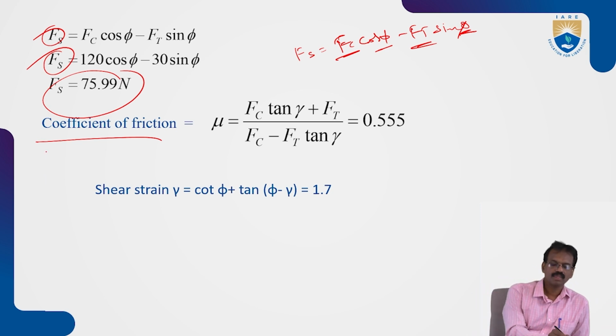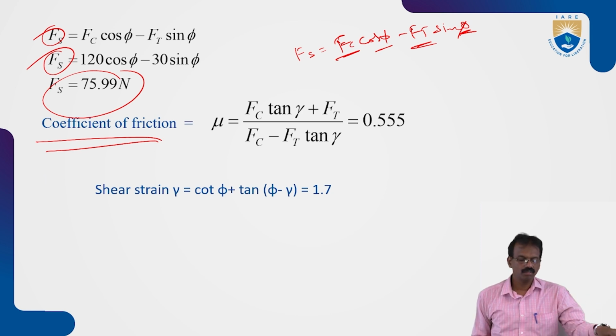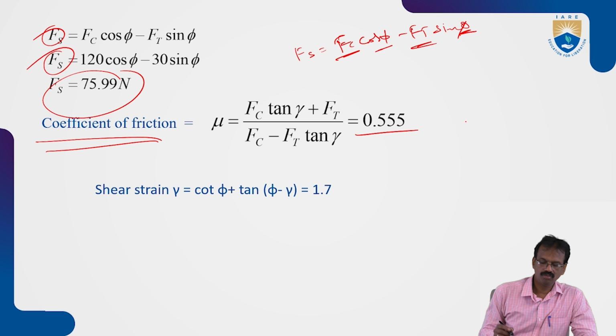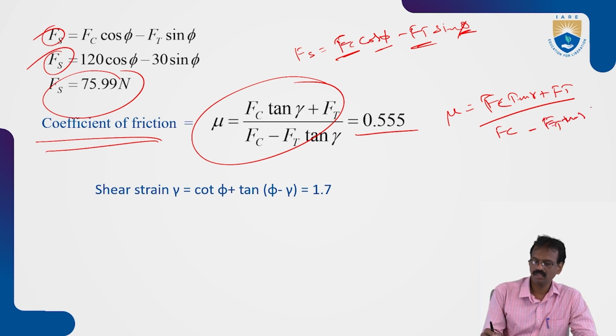Next, one more question has been asked. That one is the coefficient of friction. Then you have to solve this one. So what would be the answer? You know the formula: mu is equal to Fc tan gamma plus Ft by Fc minus Ft tan gamma.